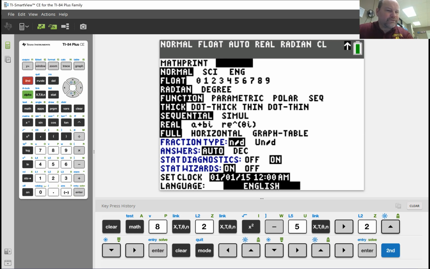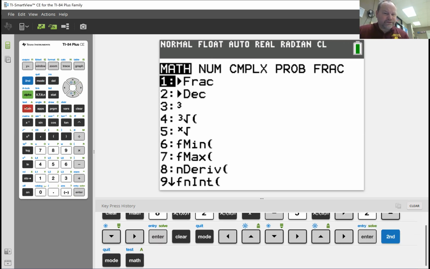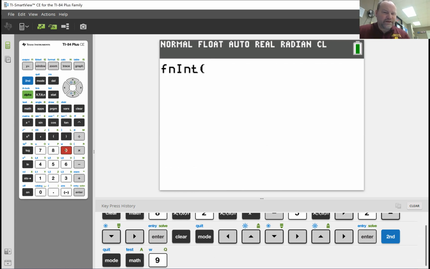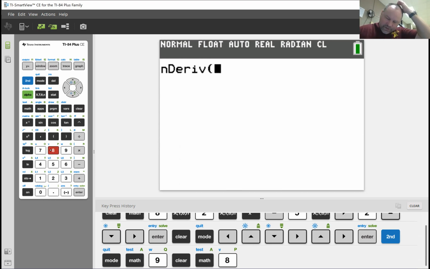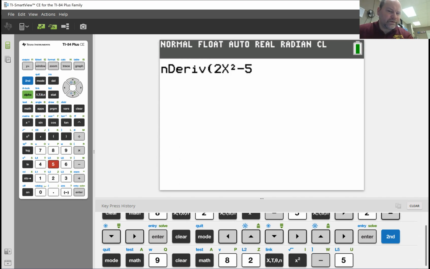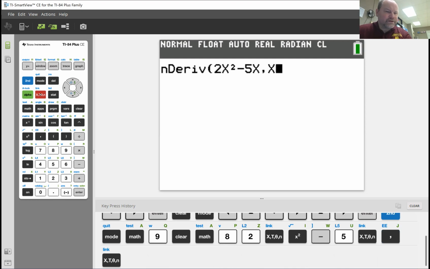What it'll look like for you is, you'll go to option 8 and type in the function, comma, the variable, which is x, comma, and the value we want to evaluate it at, which in this case was 2.